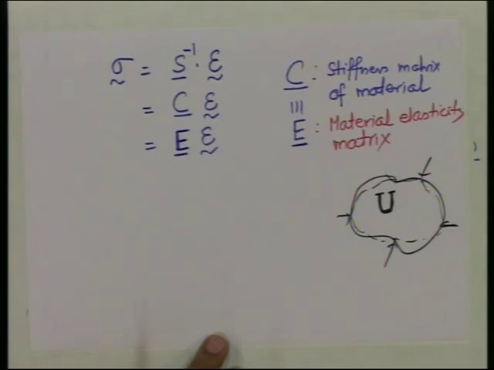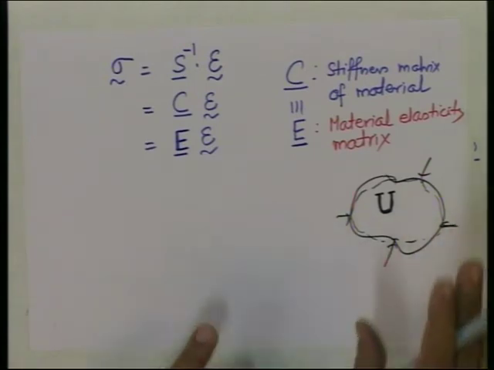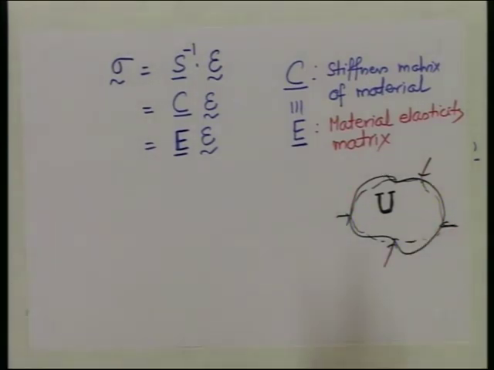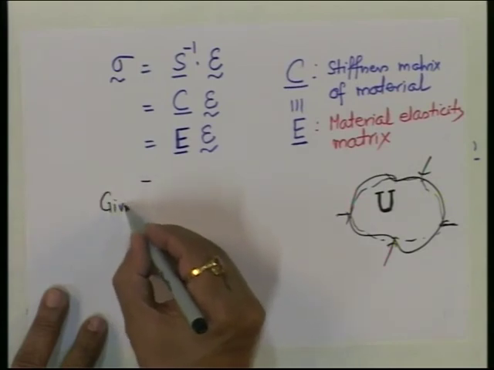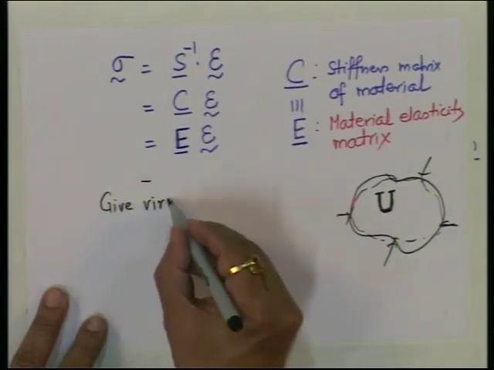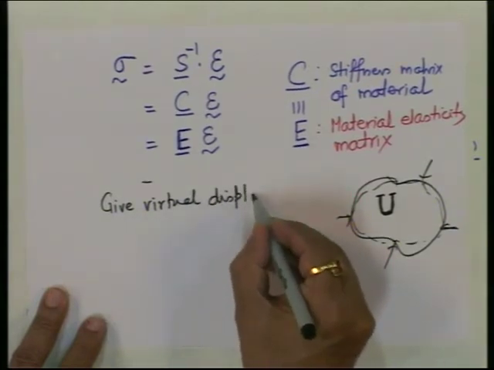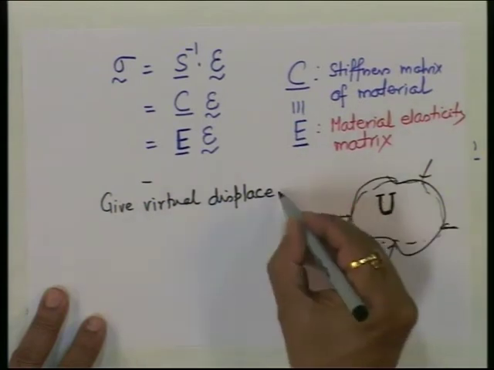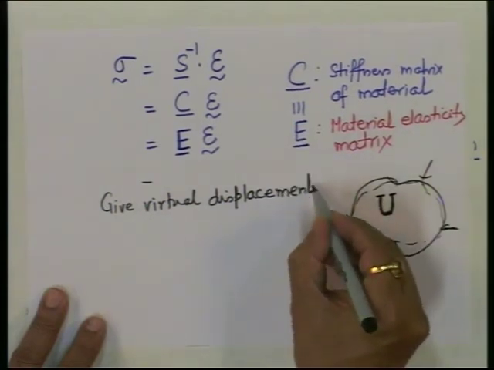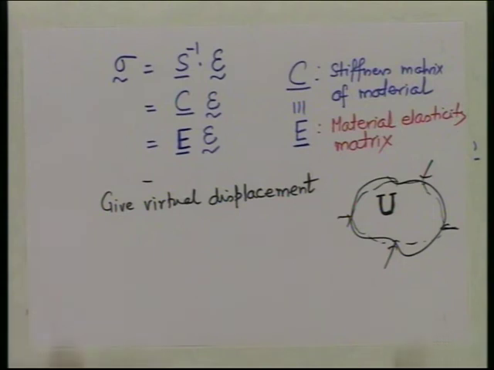Now, after the body is displaced and strain energy is already there, you give a virtual displacement to the body consistent with the constraints. This concept of virtual displacement is very complicated, and not many people understand it.